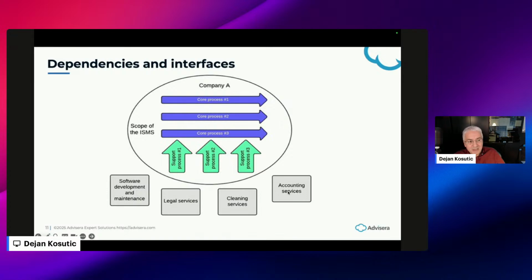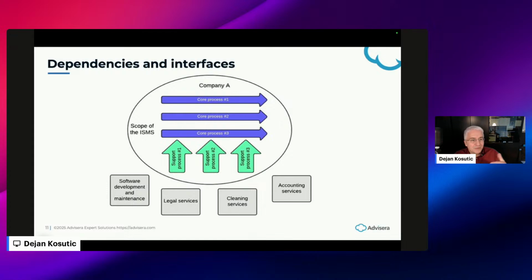Once you know these dependencies, then you have to understand what the interfaces are. And basically an interface is anything that stands between you and this entity that you are dependent on, right? So what is the interface between your company and the accounting service? Well, there are a couple of interfaces. The legal interface would be the agreement that you've signed with this particular company.